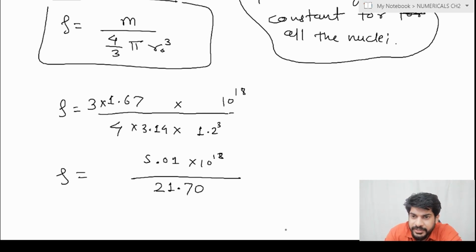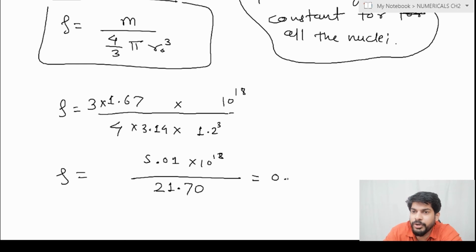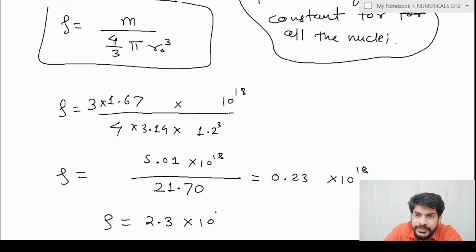Now let's divide this. So it is 5.01 divided by 21.7, 70 or whatever. Yeah, you can see here 0.23. We can write this as 0.23 into 10 raised to 18, or we can write this density as rho equal to 2.3 into 10 raised to 17.